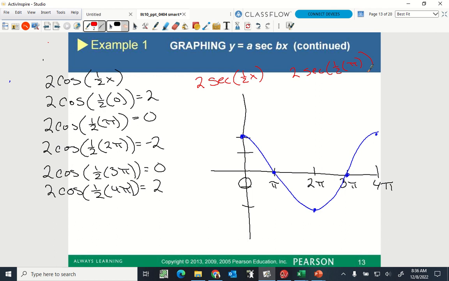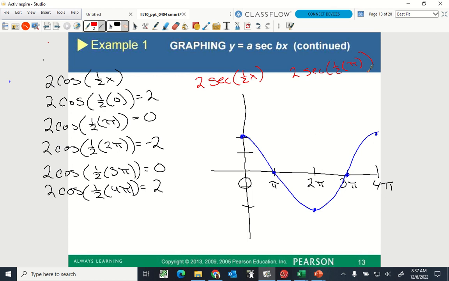Say yes. Okay, cosine at pi over 2 is 0. Okay, I could write 0 as a whole number, right? I could write it as a whole number and I could write it as a fraction. So 0 as a fraction would be 0 over 1. But secant is the reciprocal of that.